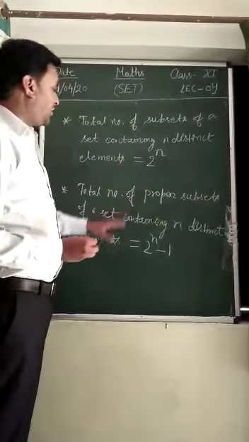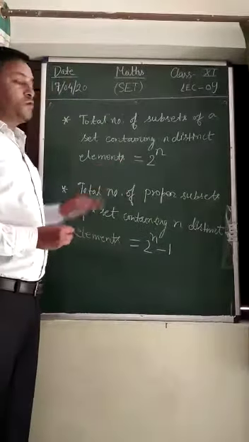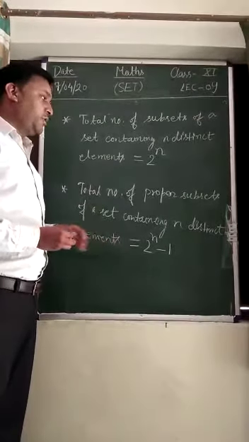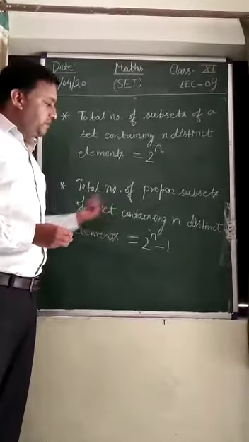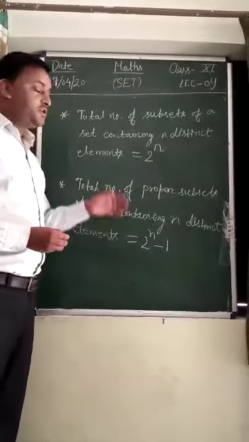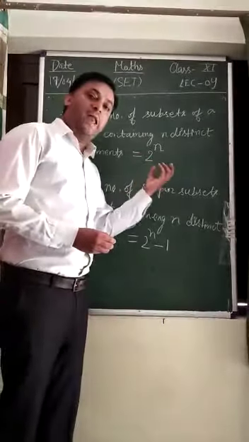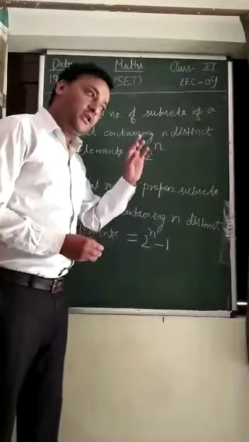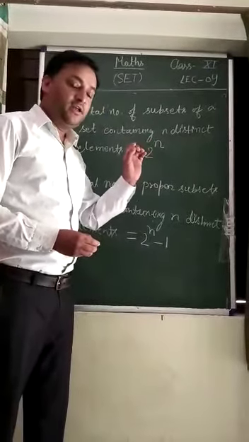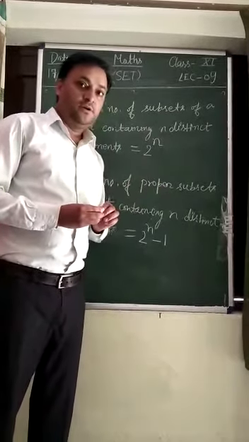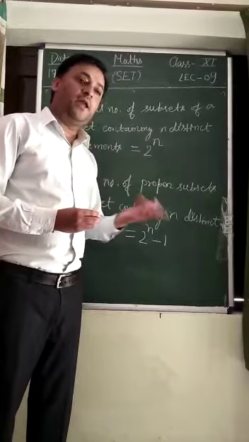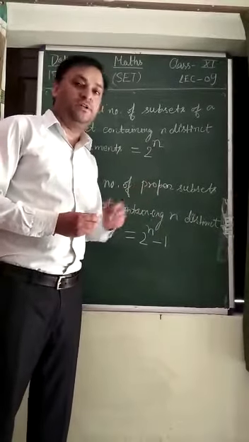So this is the direct formula for finding the total number of subsets and total number of proper subsets. And in the earlier topic we discussed the logic behind that. If you write the subsets for any set, each element contained in the set has two possibilities: it can be in the subset or it cannot be in the subset.